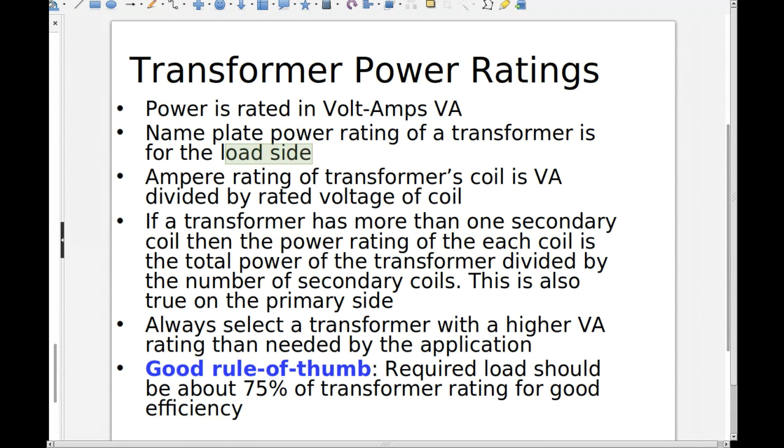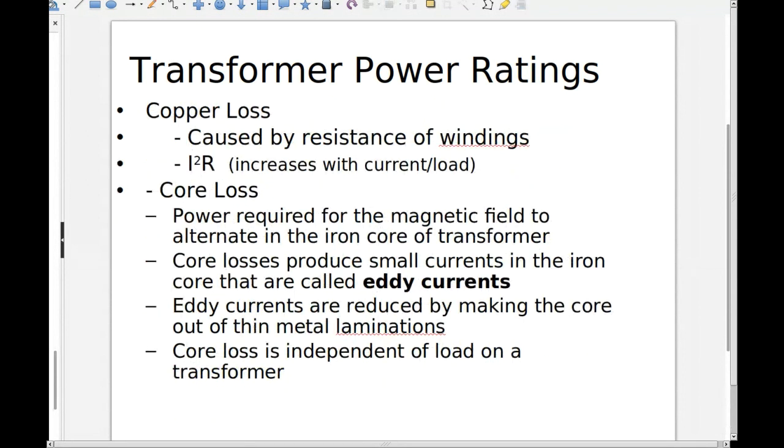Some transformers maybe only give you about 75% efficiency. 75% is actually kind of a bad transformer, but they're not perfect. They do have losses in them. So they have copper losses due to the current in the coil or in the wire.